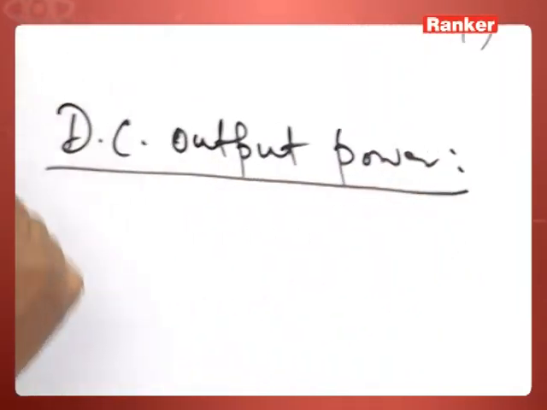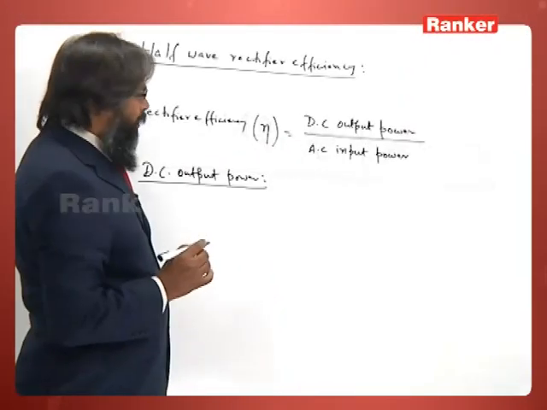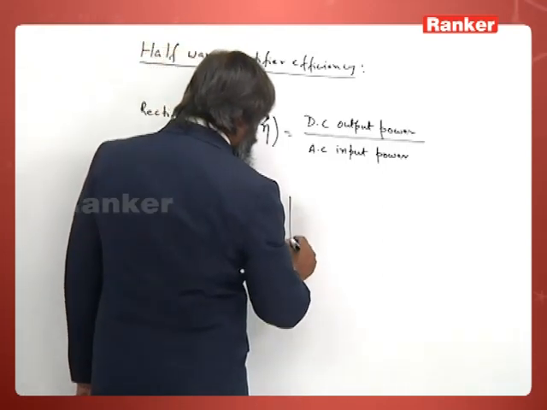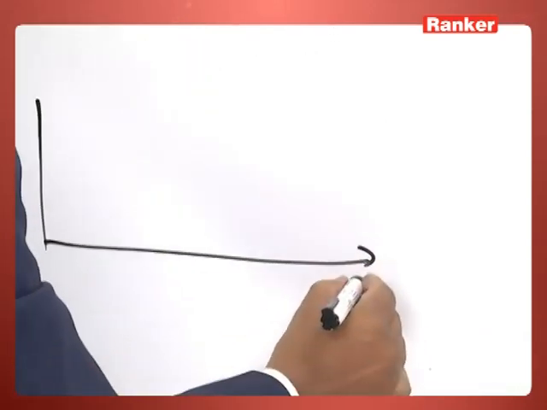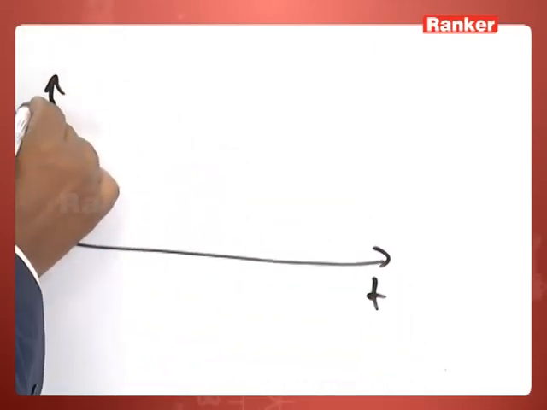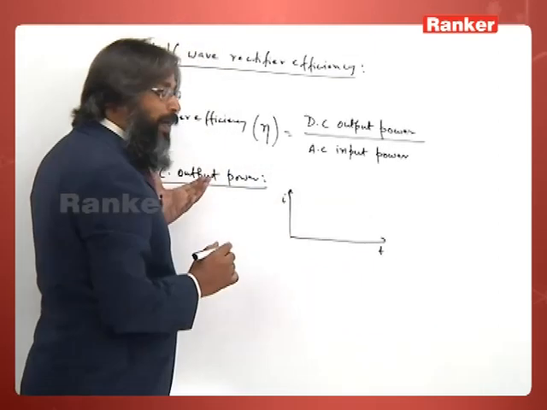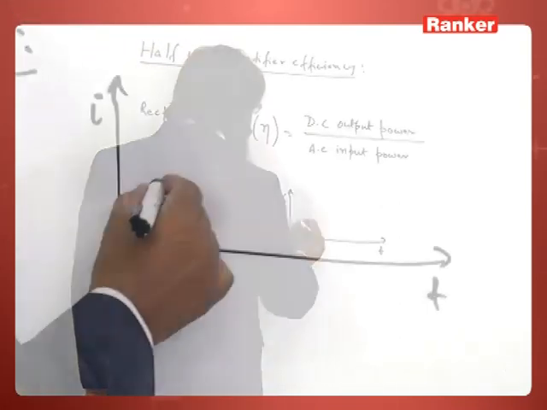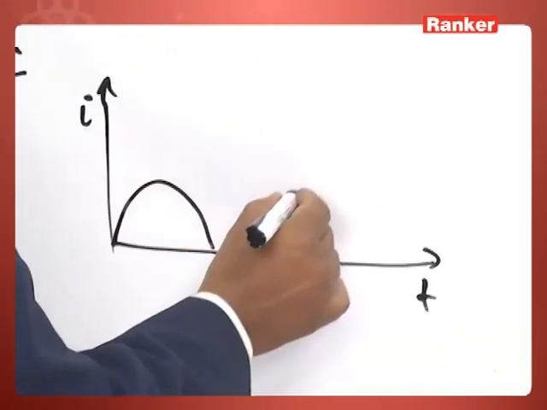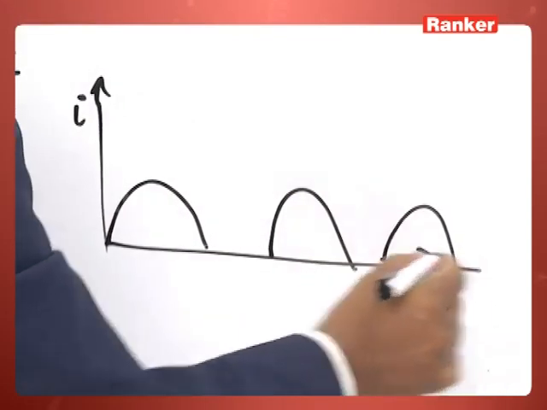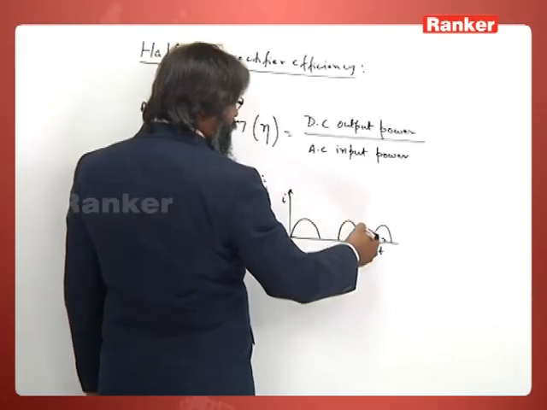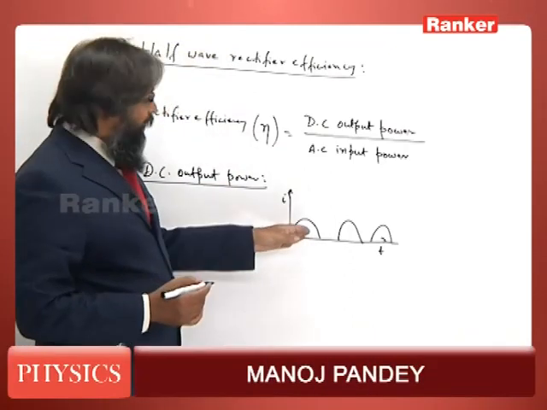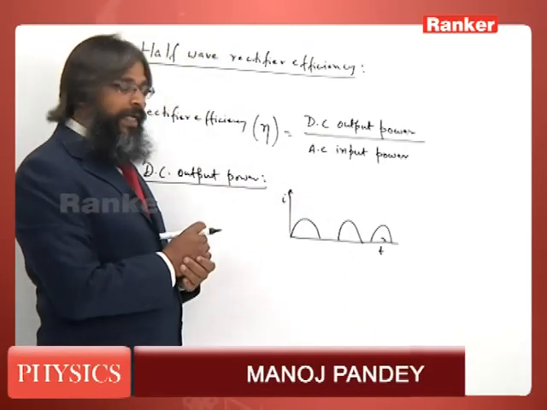Let us calculate what the DC output power is. Before calculation we must know that this is my time axis, and suppose the current in the output circuit is given like this. This is the half wave rectified DC output current.